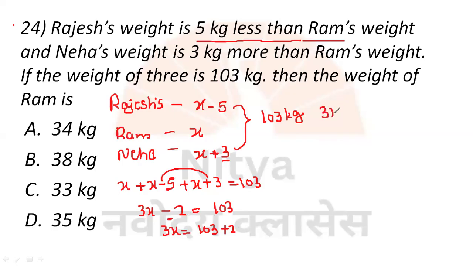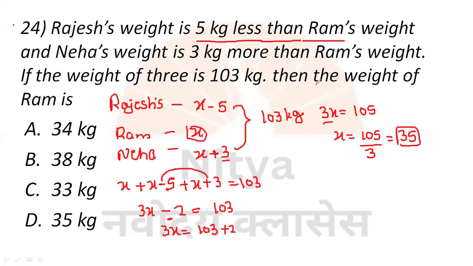Okay, so 3x equal to 105. So x equal to 105 divided by 3. This is multiplication, so it becomes division. So when we divide, you get x, Ram's weight. 3 ones are 3, 3 threes are 9, 1 remains, 3 fives are 15. So 35.